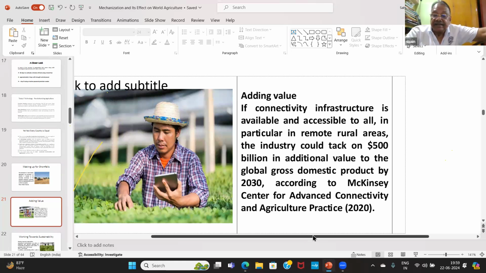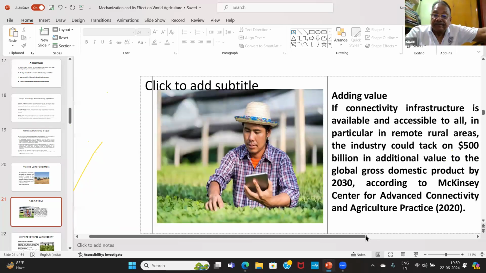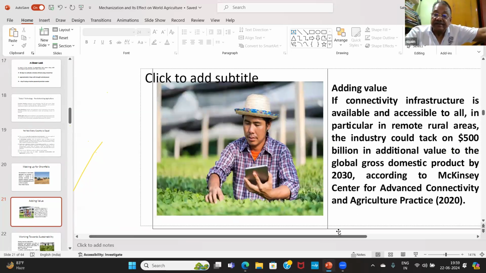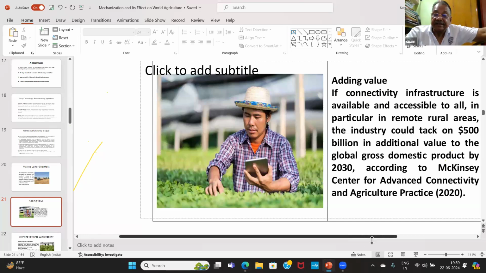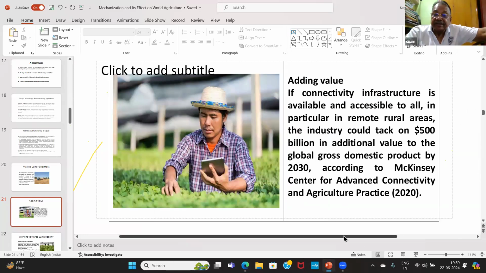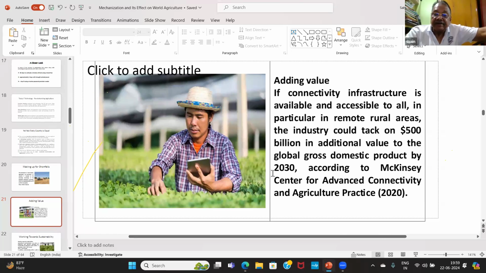And here I feel those who are reading agricultural engineering should also feel the importance of agricultural engineering. Many times I tell our students, you can work better in Infosys in their agriculture division for all software developed for agricultural improvement than a computer engineer.